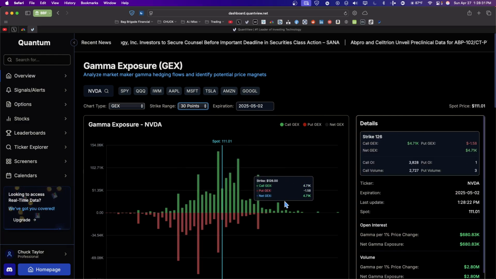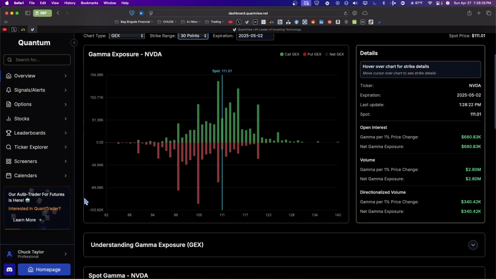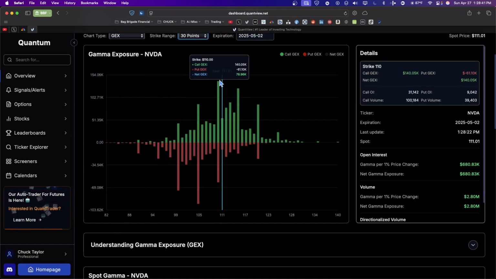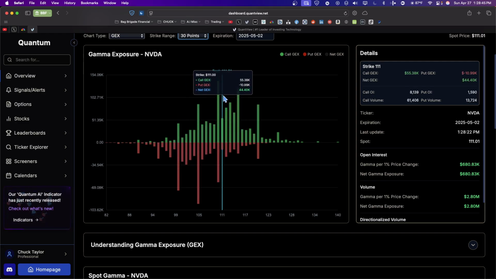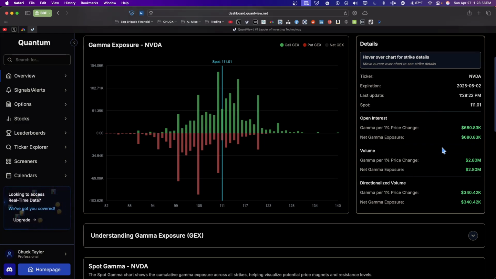So basically what you're seeing here is the strike prices, and here is the amount of premium in calls or puts, and then you have your net zero gamma exposure, which is going to be at 111.